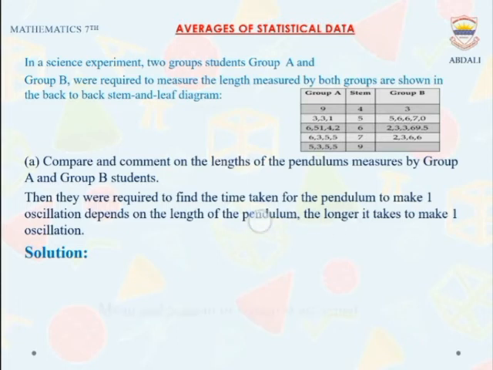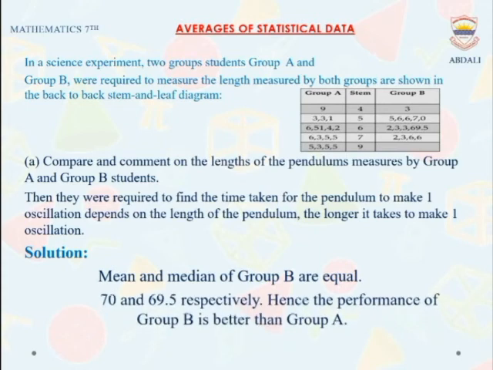So after calculating, the mean and median for group B become almost equal. The mean for group B is 70 and the median for group B is 69.5, which are about equal.